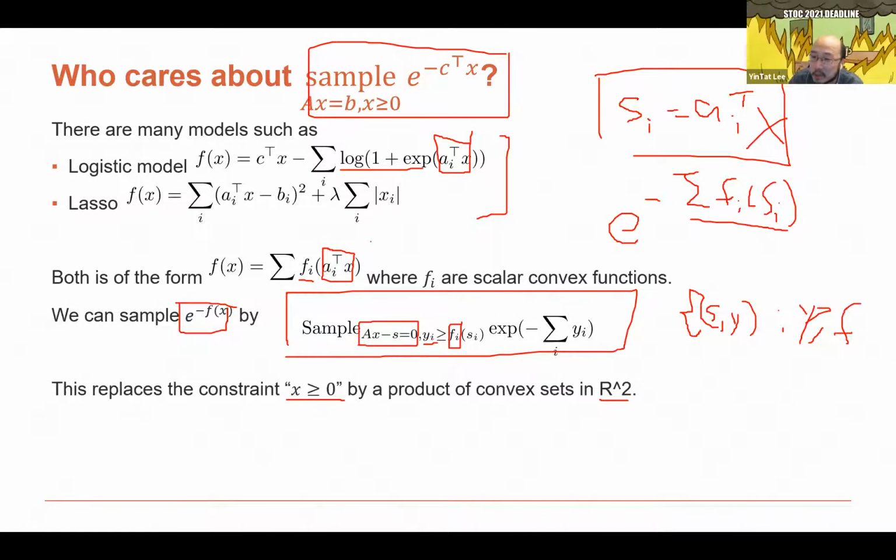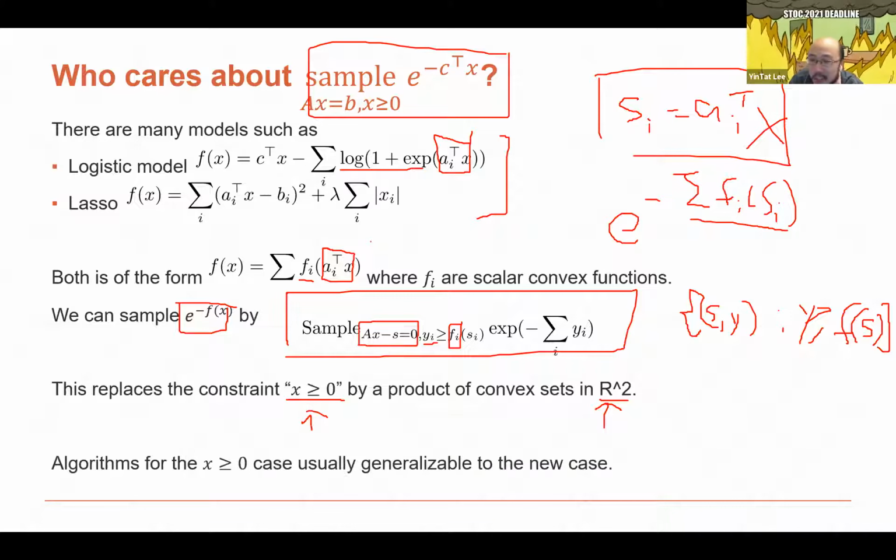Yeah, I'm using a mouse to draw, that's why I can hardly write. And all the algos for the LP case are easy to extend to this case because you're just changing a one-dimensional point to a convex set in 2 dimensions. Currently, our software can only handle this case because we haven't nailed down the algorithm for LP yet.